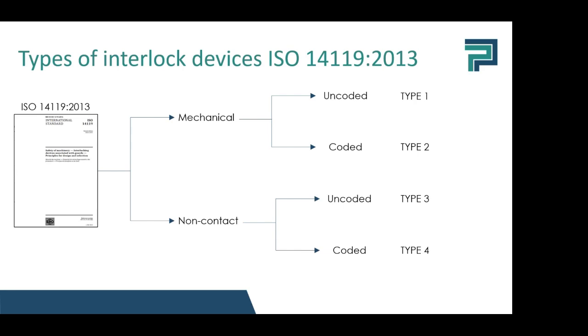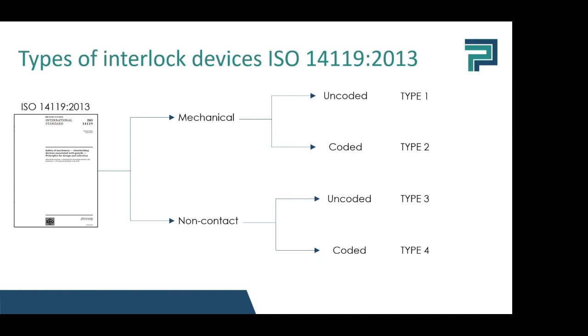The first one being mechanical uncoded, second mechanical coded, the third non-contact uncoded, and the fourth non-contact coded. When I talk about non-contact, you can imagine an inductive, magnetic, capacitive, ultrasonic, or optic proximity switch. And coded means that the actuator is specifically designed to actuate a certain position switch.